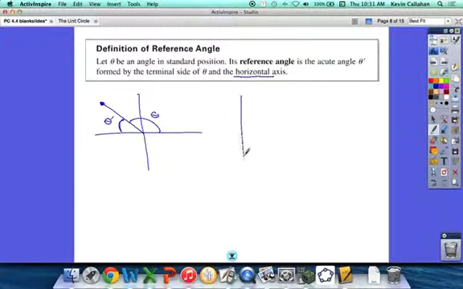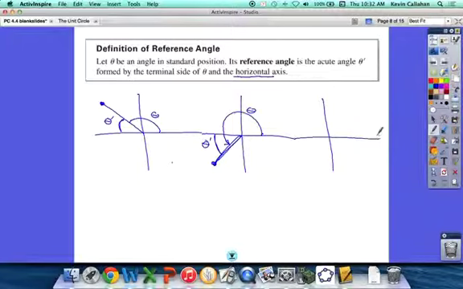If I was in this quadrant, then this would be theta, but the theta prime is just this part right here. And what if I was in the 4th quadrant? Theta is this. This is kind of what we just did in that problem. That was the theta, and this is the theta prime.